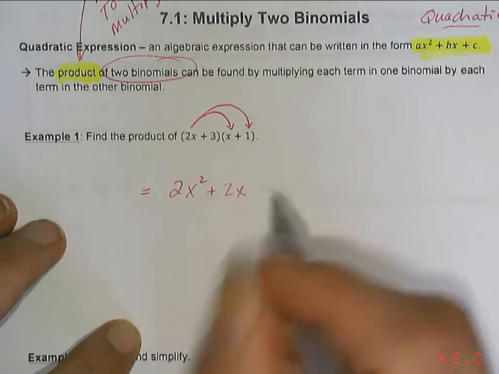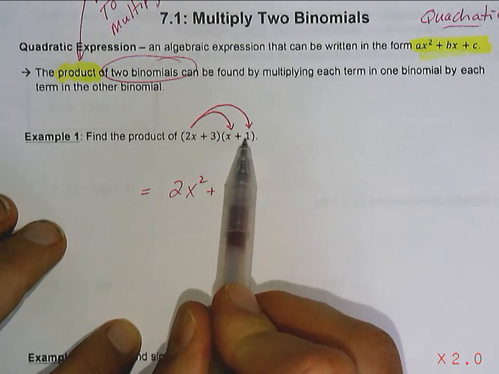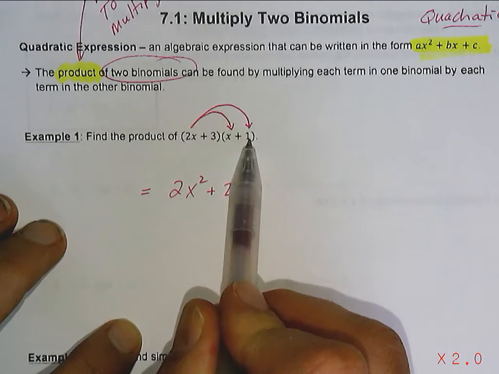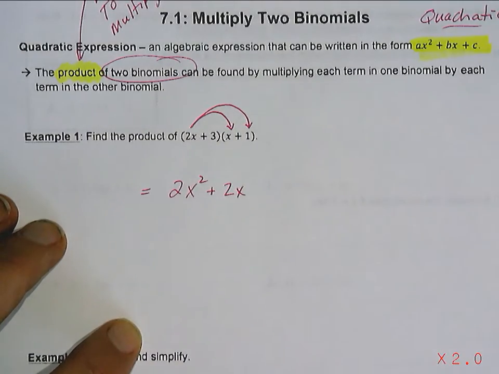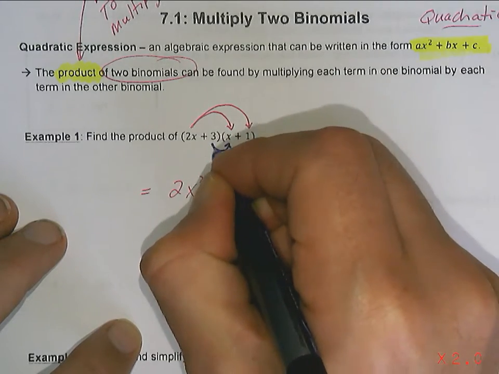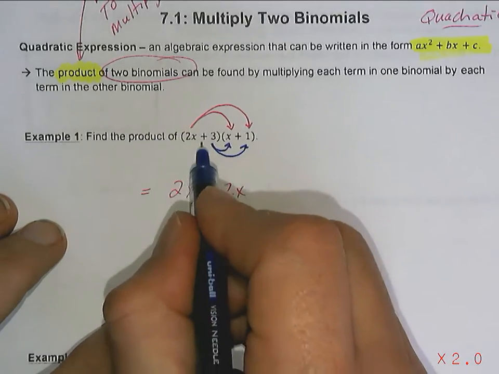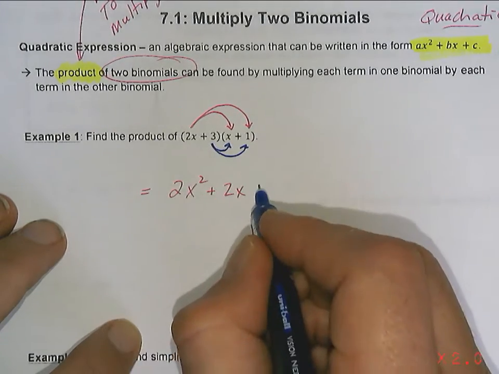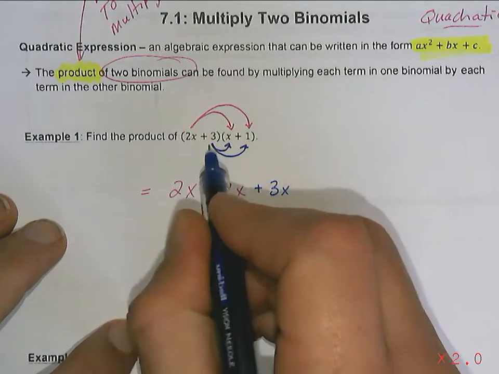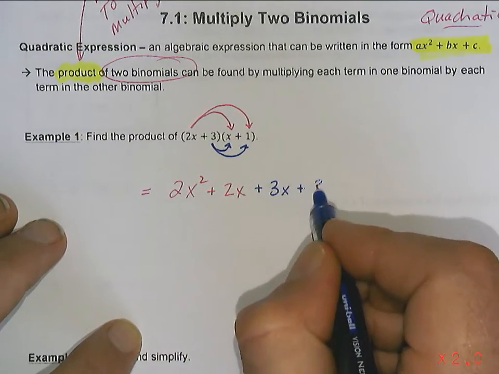So look what I've done. I've taken this term and multiplied it by each term in the second binomial. Easy peasy. I'm now going to take the second term and do the same thing. So I'm going to take the 3, it's a positive 3, and multiply it by the x, and I'm going to get plus 3x. I'm going to take the positive 3 and multiply it by positive 1, and I'm going to get plus 3.